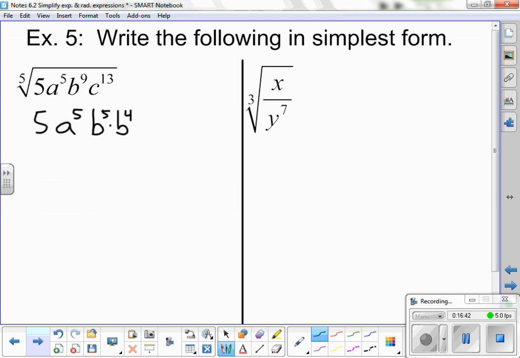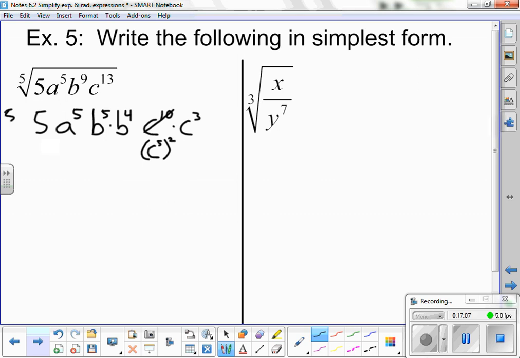C to the 13th, same thing. That's not a multiple of 5, so I can't really do the power of a power thing I was doing before. But c to the 13th, think about that, that's c to the 10th times c to the 3rd. And c to the 10th is c to the 5th squared.